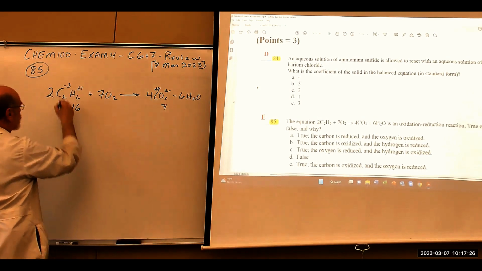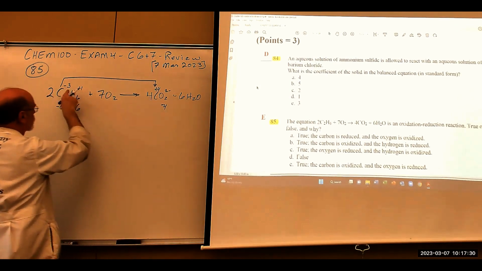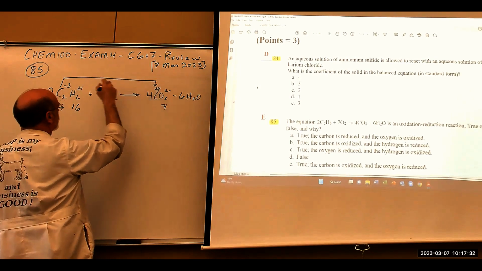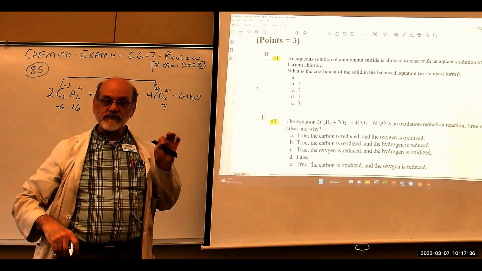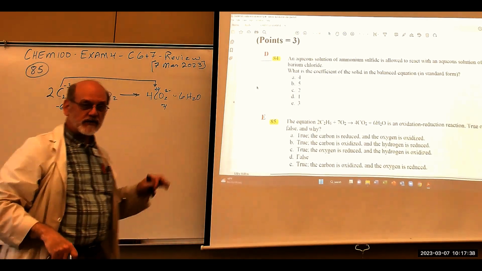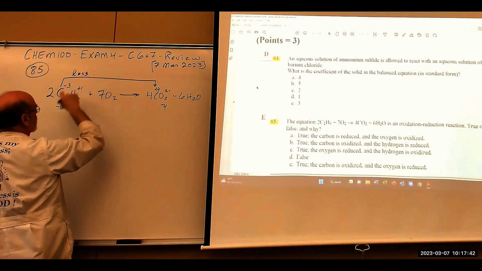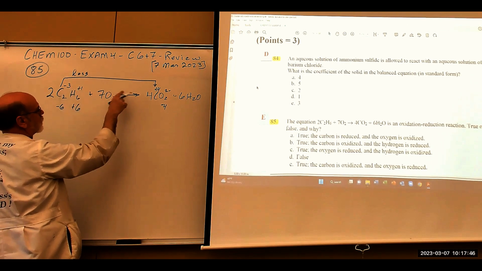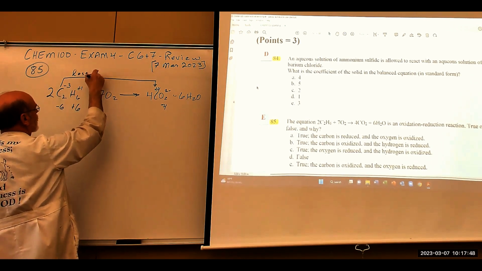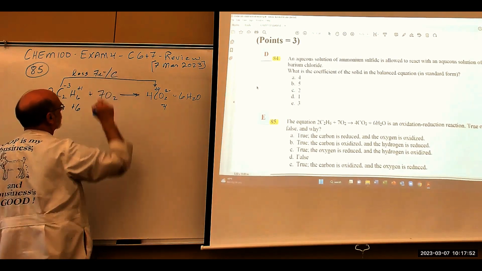So what happened to go from carbon there to carbon here? It went from -3 to +4. How do you go from a negative to a positive? You have to lose negatives, lose electrons. So how many electrons did we lose? From -3 to 0 is 3, and from 0 to +4 is 4, so that's 7. We lost 7 electrons per carbon.